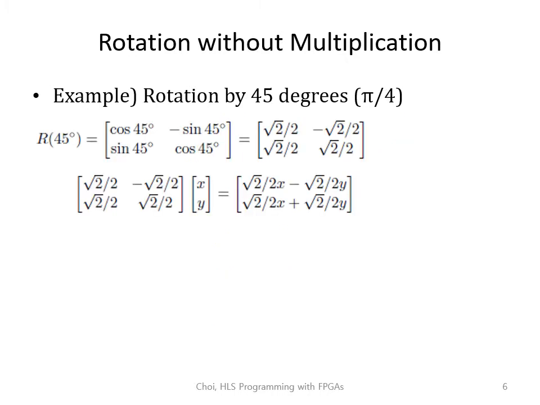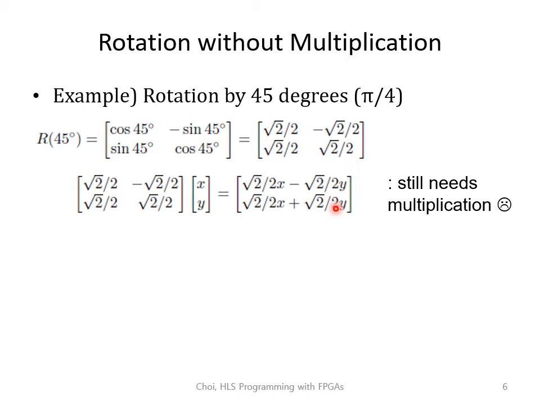We're now going to rotate by 45 degrees. The rotation matrix would look like this, and the computation would be root 2 divided by 2 times x minus root 2 divided by 2 times y, and so on. So unlike the rotation by 90 degrees, rotation by 45 degrees still needs multiplication. This isn't an ideal situation because we need these expensive multipliers.